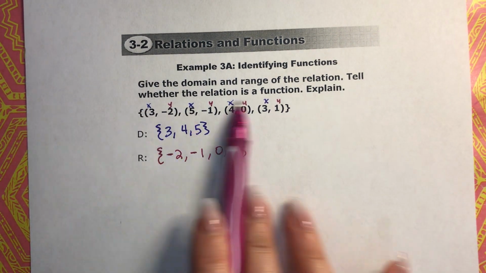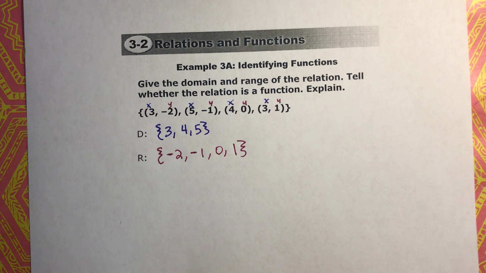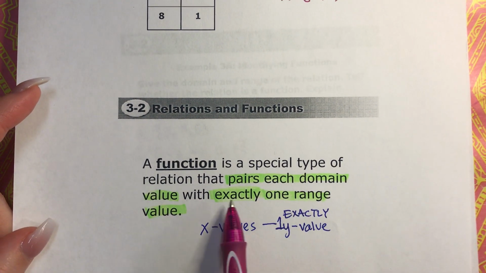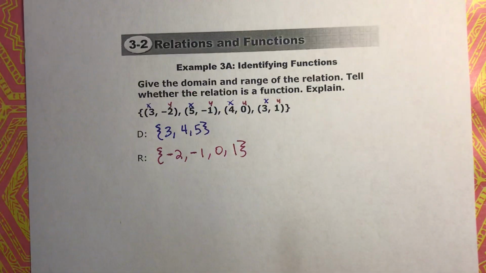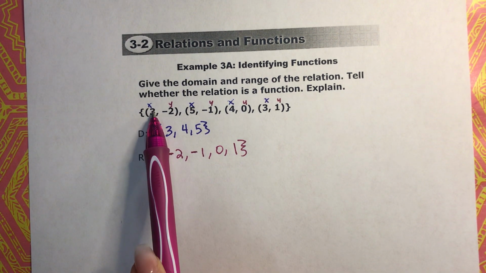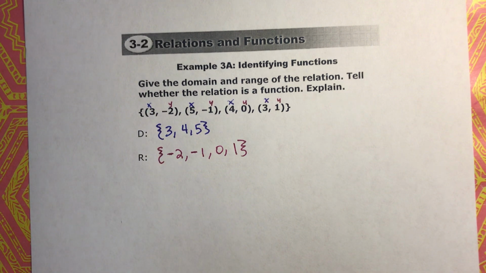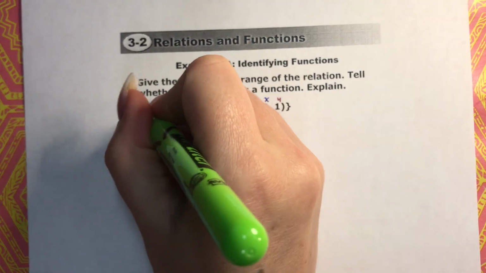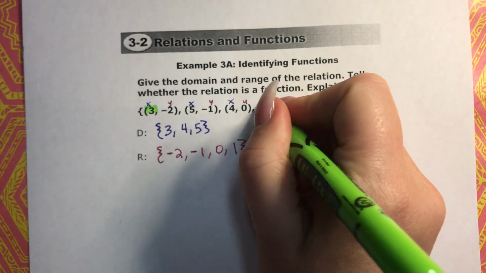Okay, now we have to tell whether the relation is a function. So that definition, remember, it says a function is a special type of relation that pairs each domain value with exactly one range value. So let's look at these. The domain values. Does this x value have one y value, exactly one y value? If you look at the x value of 3, here's 3, and here's 3, right?